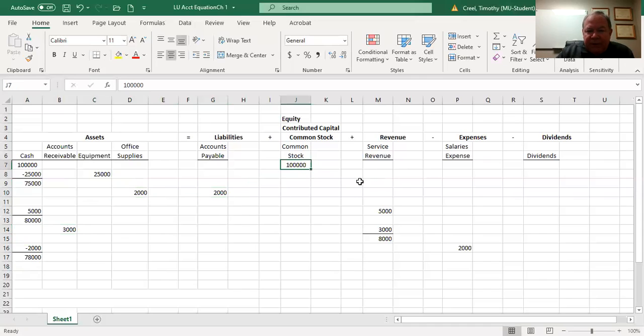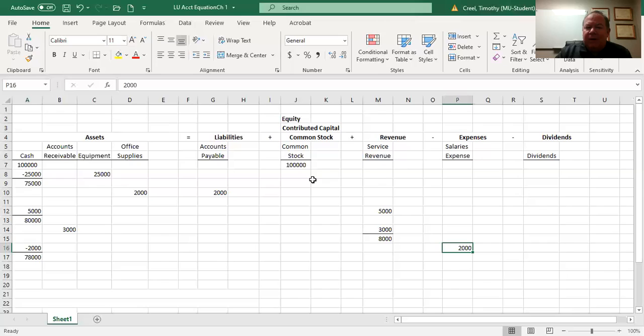We've got 102, we've got 110, and notice that there's a minus here, which means that expenses are going to be deducted from the balance in equity. So this basically counts as a minus, so minus 2. So we've got 108 on this side as well. So 108 on the asset side and 108 on the liability and equity side.